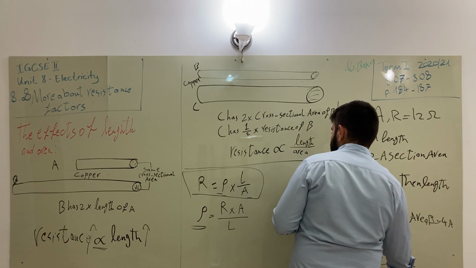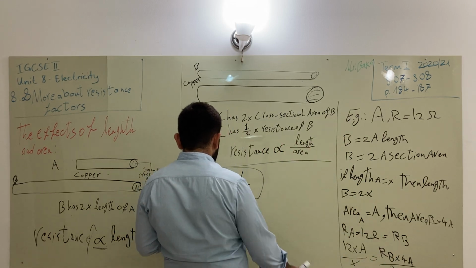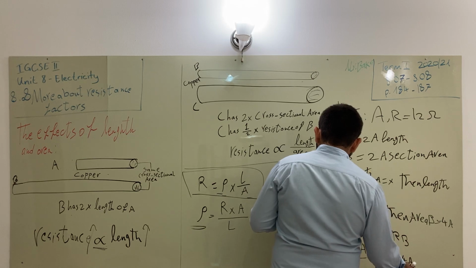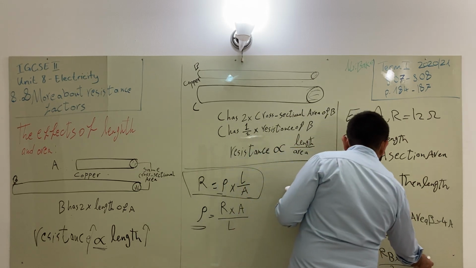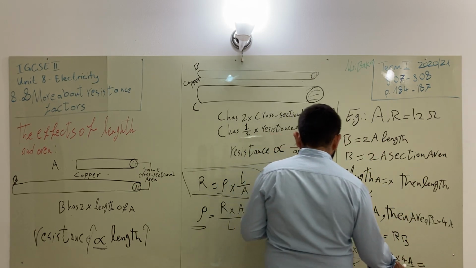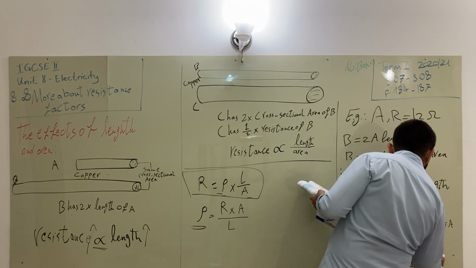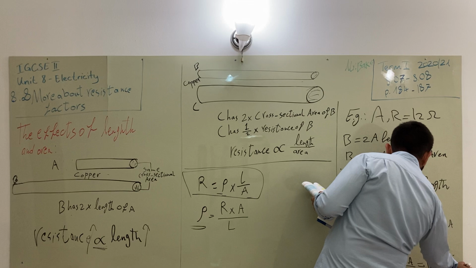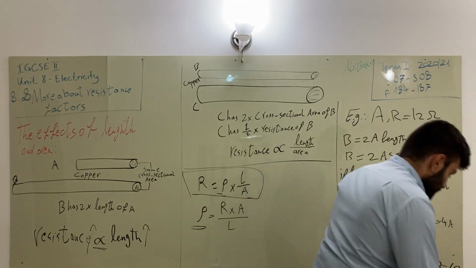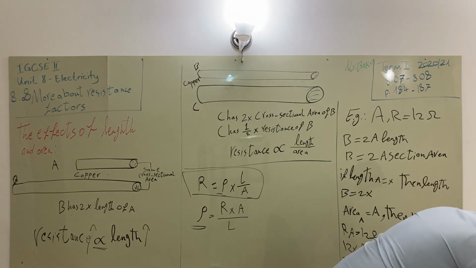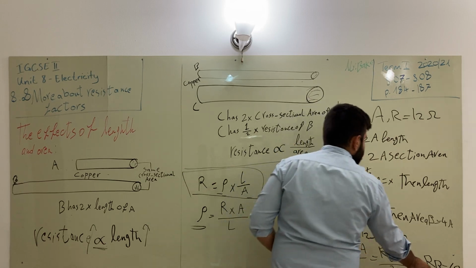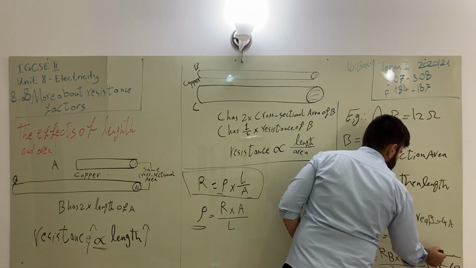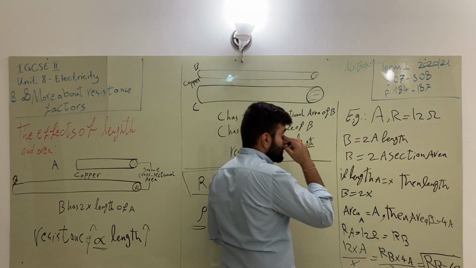Where do I get that from? From the law here. So if we do the math, eventually we'll have RB is 6 ohm. So the resistance of wire B is 6 ohm, the final answer.